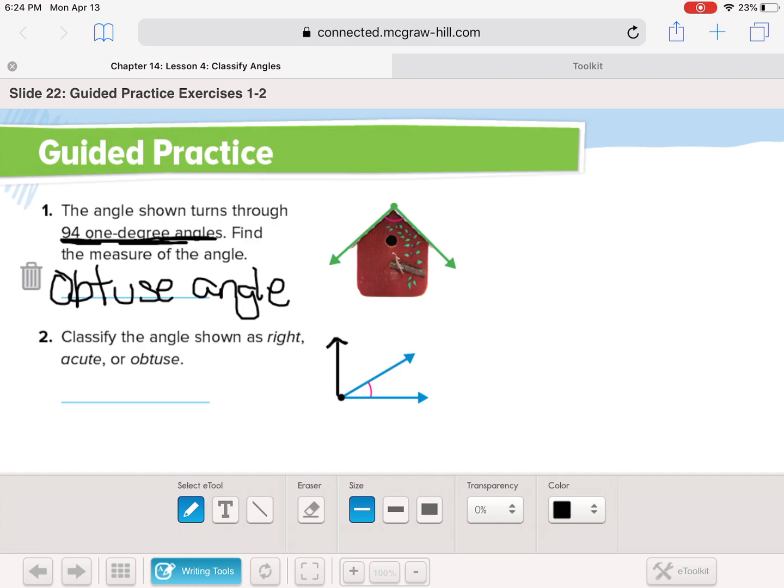So this one, it's not making an L. It's actually making it smaller. The previous problem with that birdhouse, we knew that was an obtuse angle because it was greater than 90 degrees, so greater than that L shape and less than 180 degrees. So this tells me that this angle has to be an acute angle.